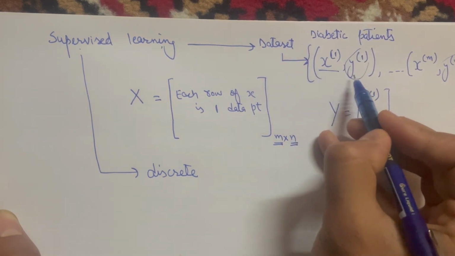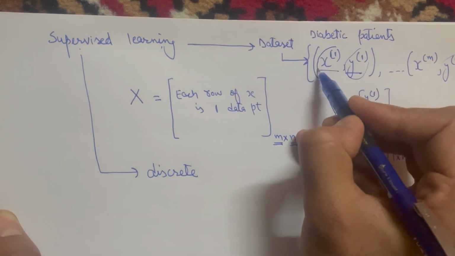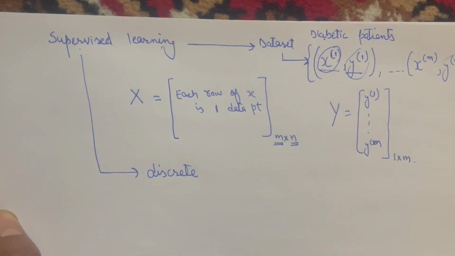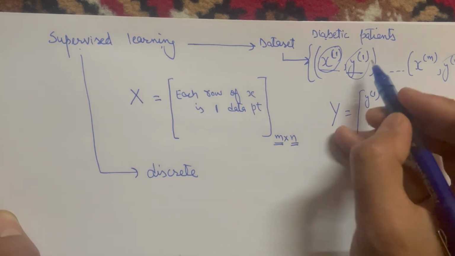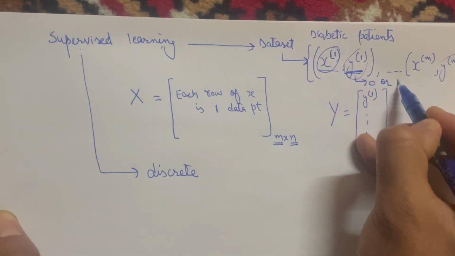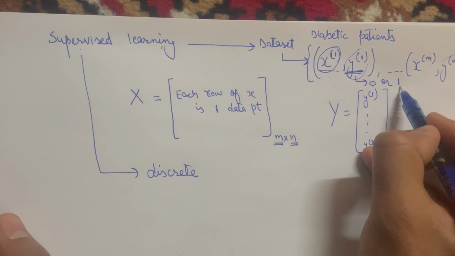Then for every example, the input will be the features of the patient: the weight, the age, or some other features, like the color of hair, the height of the patient. And the output can only be 0 or 1, meaning diabetic or non-diabetic.